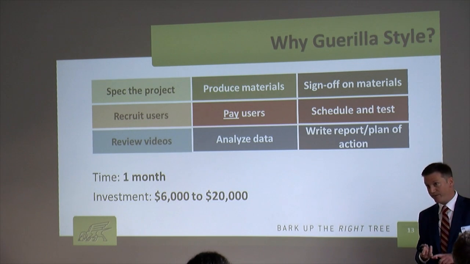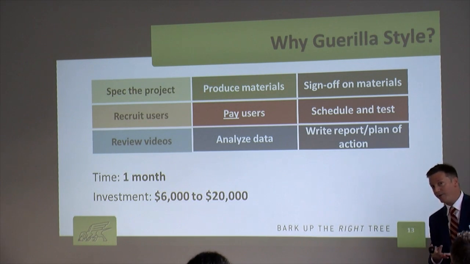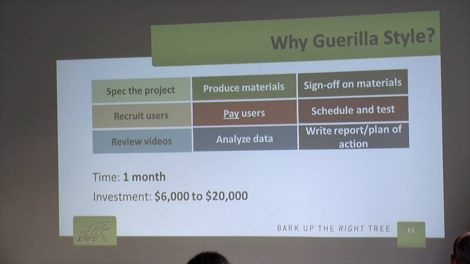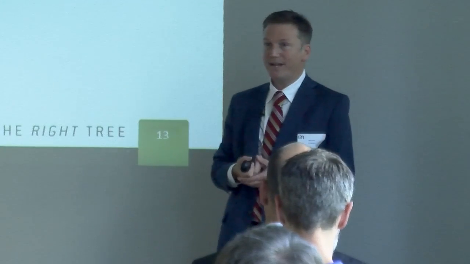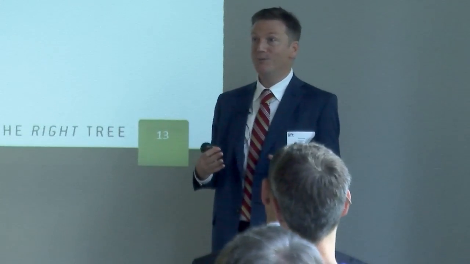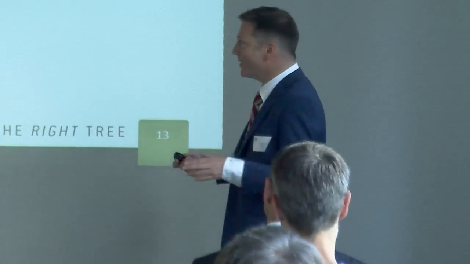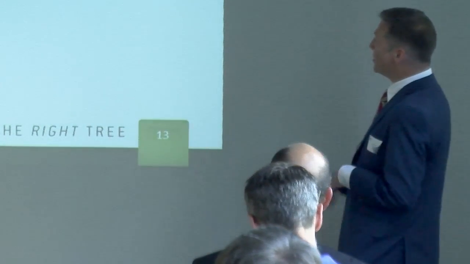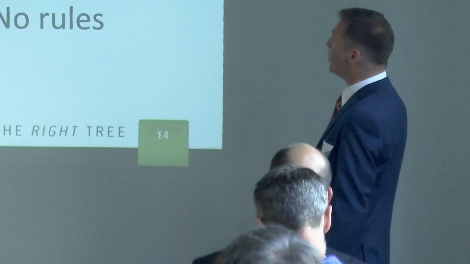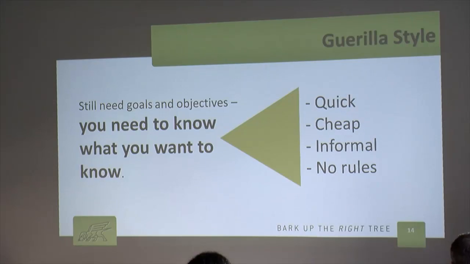It can take about a month to do, and it could cost you anywhere between 6 and 20 grand. And I know that a lot of guys like yourself don't actually have usability in your budgets. So that's why I'm here to give you some top tricks of what you can actually do. Because Guerrilla usability is all about doing it fast, it's about doing it informally, it's about cutting some corners, and it's quick and cheap.